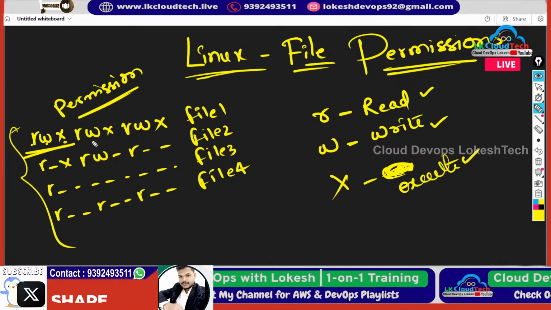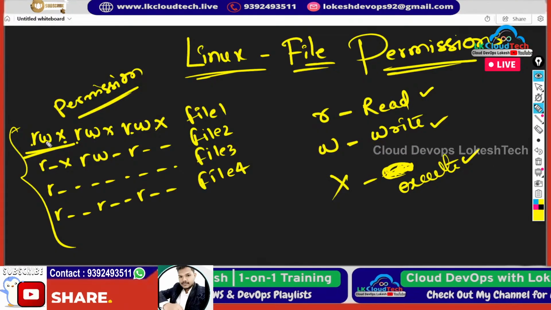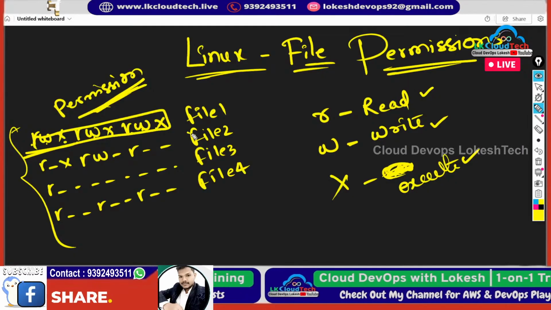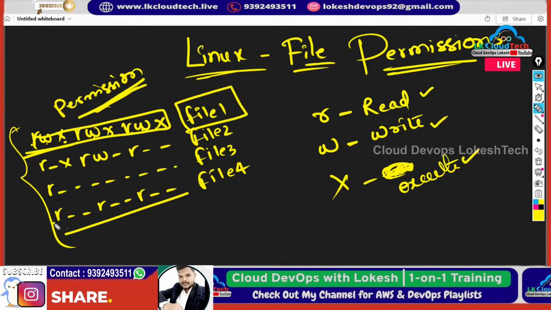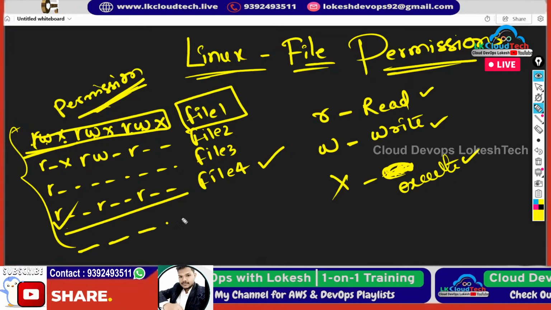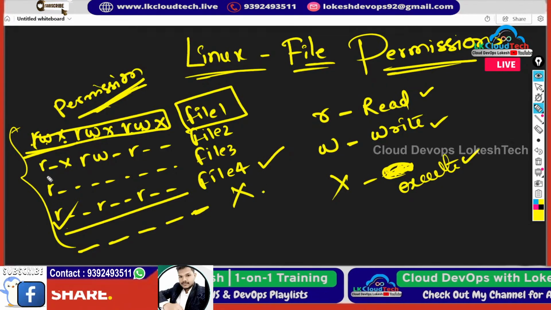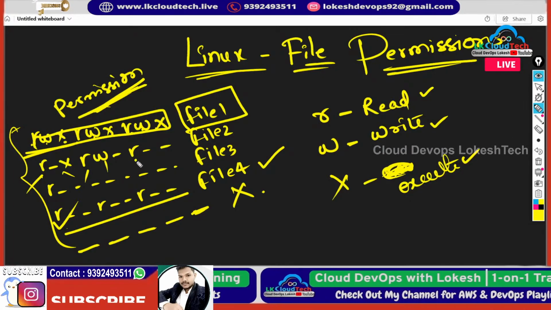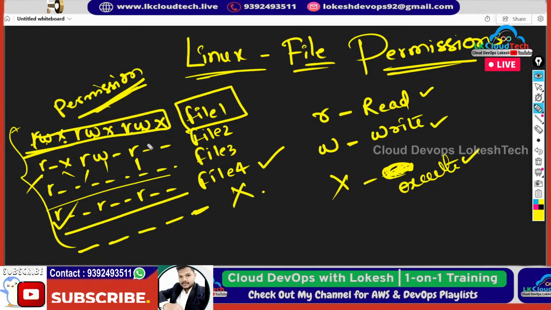These permissions are very important. If you block these permissions, you can't access the file. For example, where only read is there, you can only read the file. Where all are blocked, you can't access the file. In another case you have only read and execute permissions, or read and write permissions, or only read permissions. We might have seen a lot of such cases.